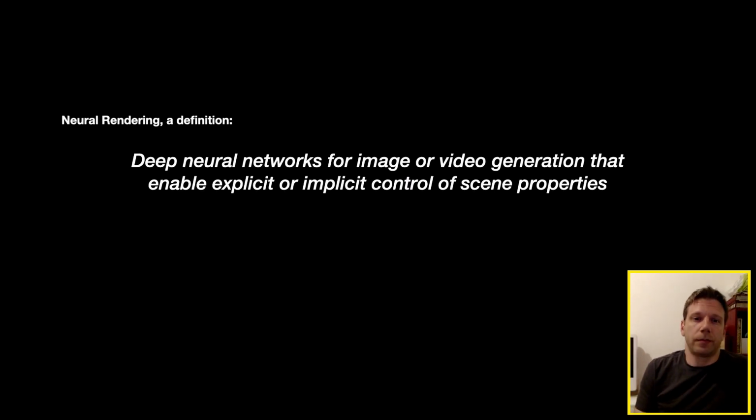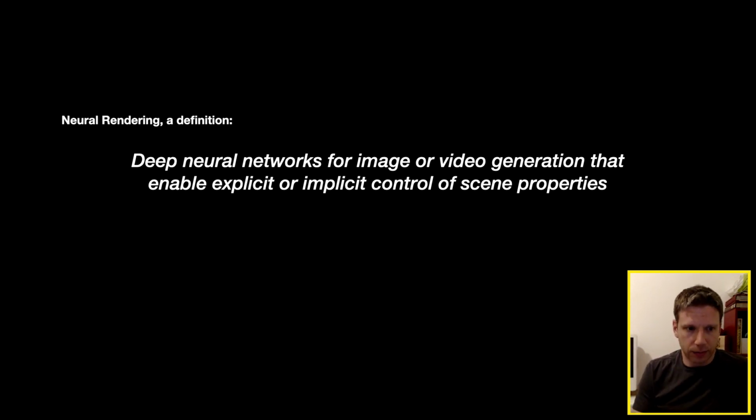We started the day with Michael's talk, and he gave a definition of neural rendering, right? Deep neural networks for image or video generation that enable explicit or implicit control of scene properties. By the way, I wrote here a definition, not the definition, because maybe there's more than one. Maybe we should still think about what is the definition of neural rendering.